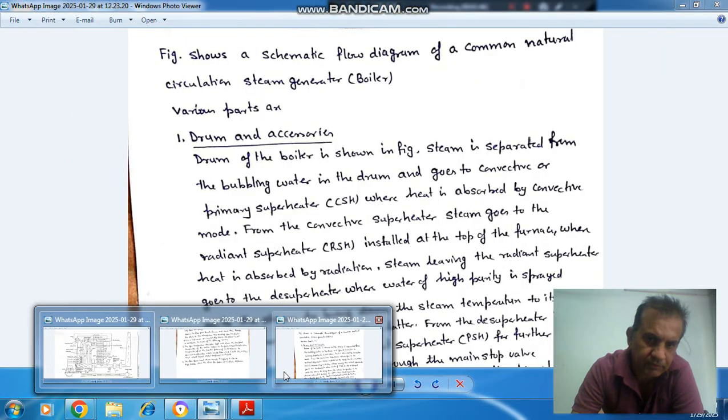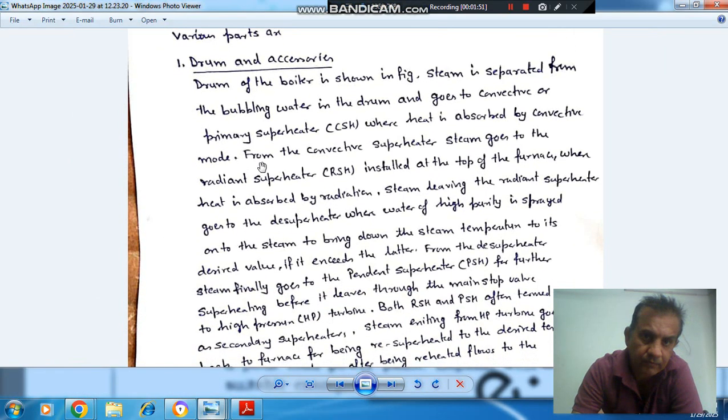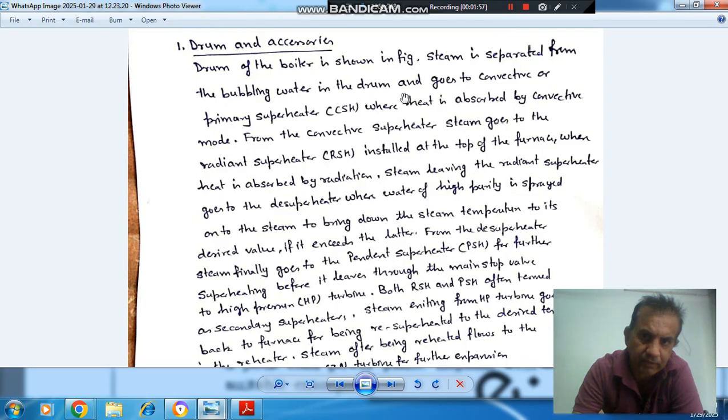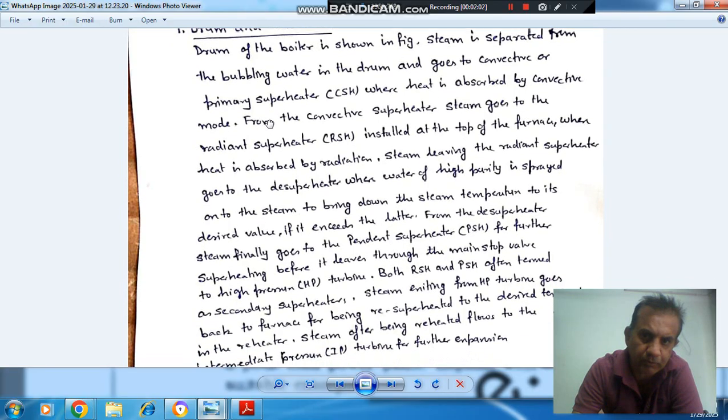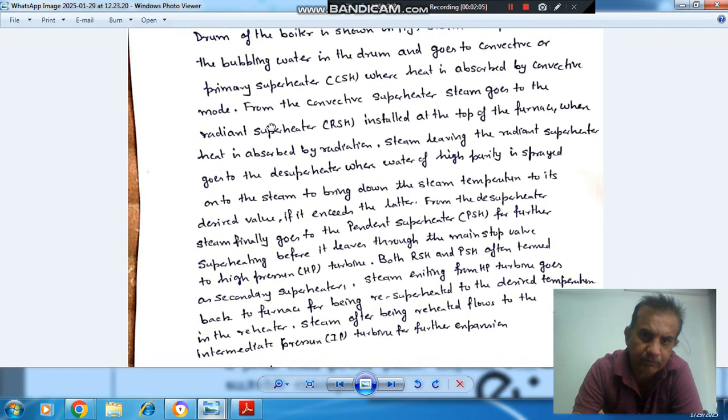So explaining this in words, I am just reading out. Drum of the boiler is shown in the figure. Steam is separated from bubbling water in the drum and goes to the convective or primary superheater, where heat is absorbed by convective mode.